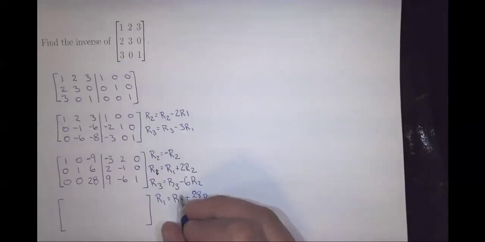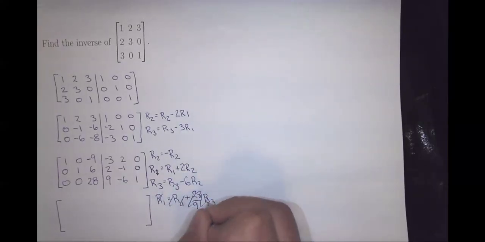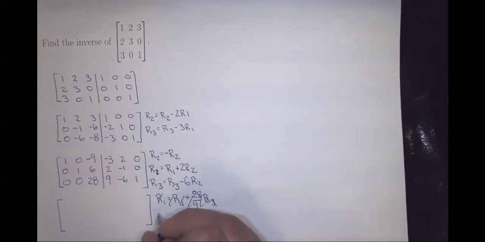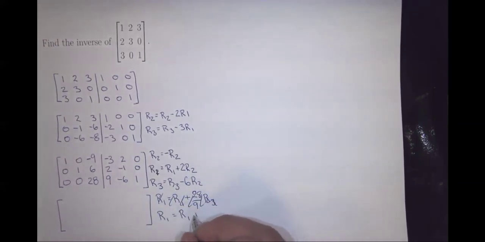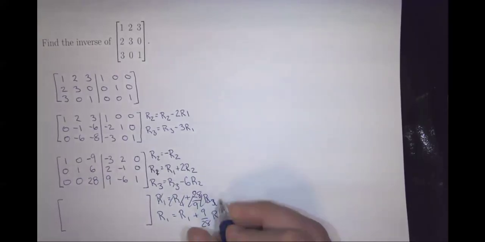That's not true at all. Sorry, did it right the first time. Row 1 is going to be row 1 plus 9 over 28, row 3.